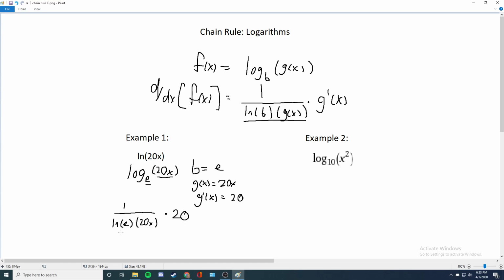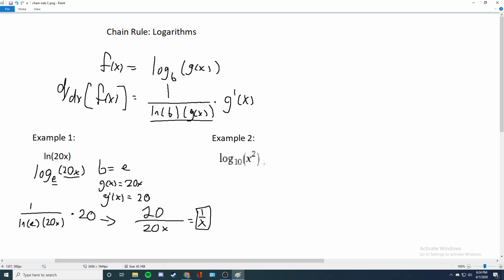So again, just like the last examples that we had, remember that the natural log of e is just 1. So the derivative here is just going to be that 20 over, since natural log of e is 1, that'll go away, over 20x. So if we simplify that some more, we get 1 over x as our final answer.